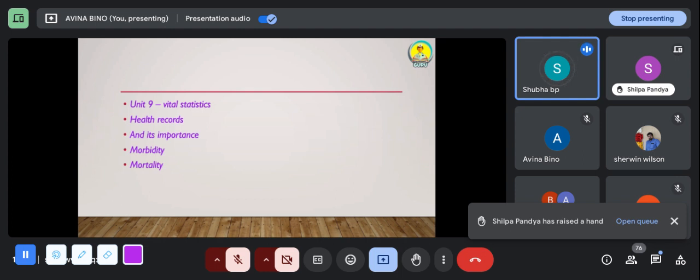You should write a one line answer. What is mortality? What is morbidity? It is a very important question. In both morbidity and mortality, definitely one question will be asked for 1 mark. So if you are studying these important questions, definitely it will help you to pass in your examination.